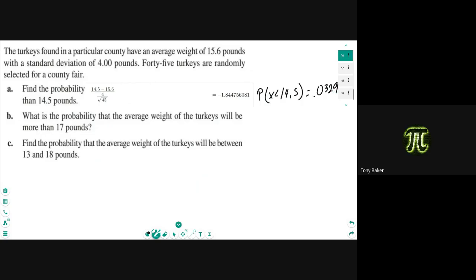That's what you should have gotten for the first one. And since it was less than, we don't have to subtract from 1.